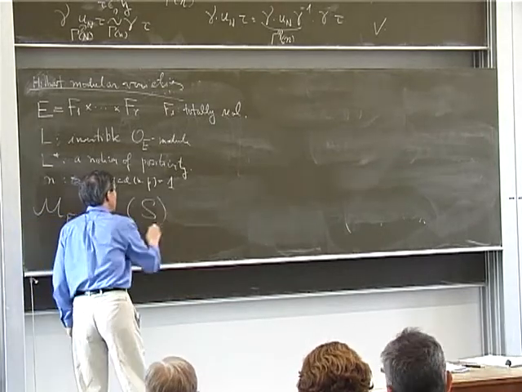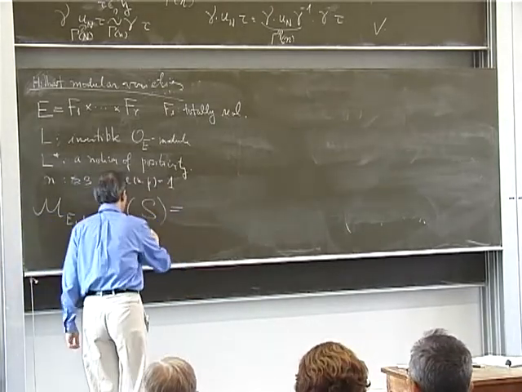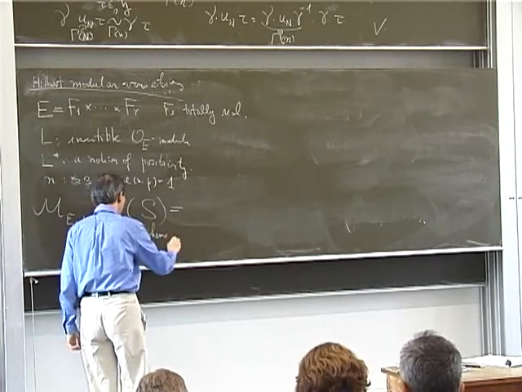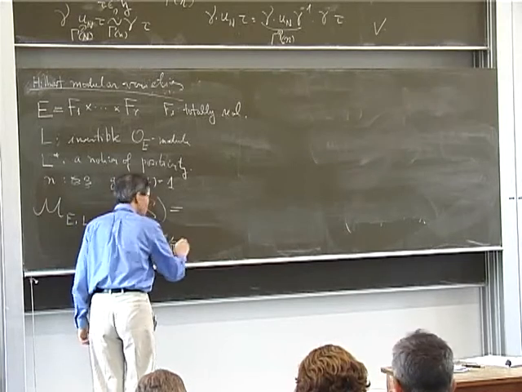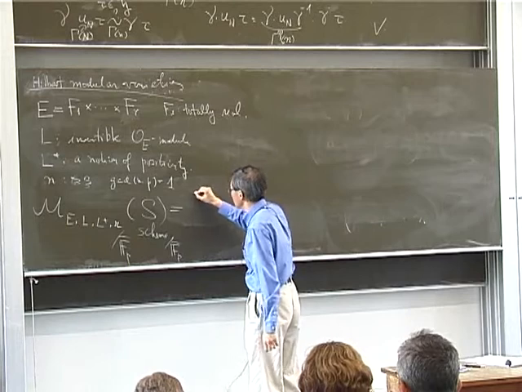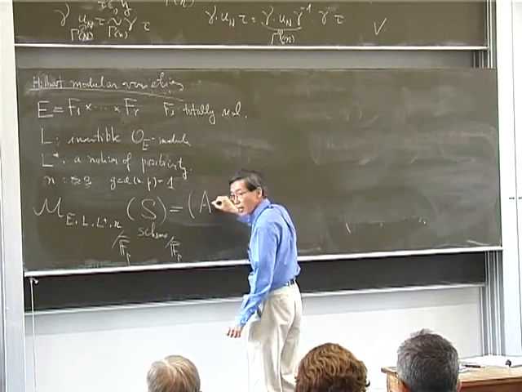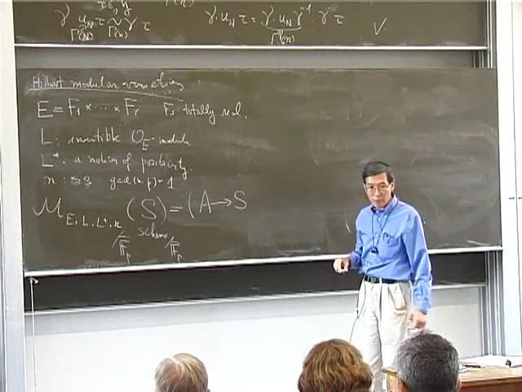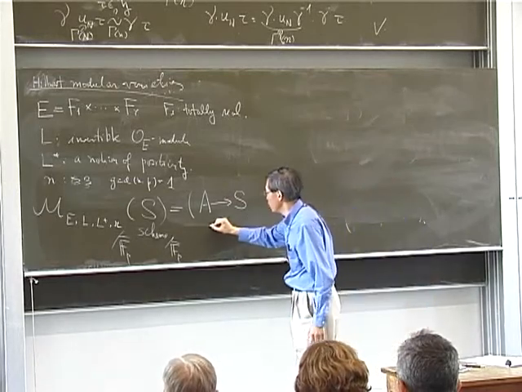What it does is that for every scheme, for us, since we are going to work over F_p bar, let me say it's over F_p bar, it attaches, very much like the case of the Siegel modular varieties A_{g,1,N}, an abelian scheme.